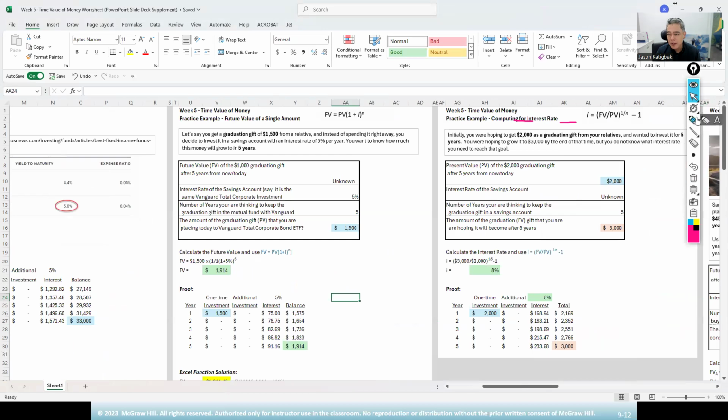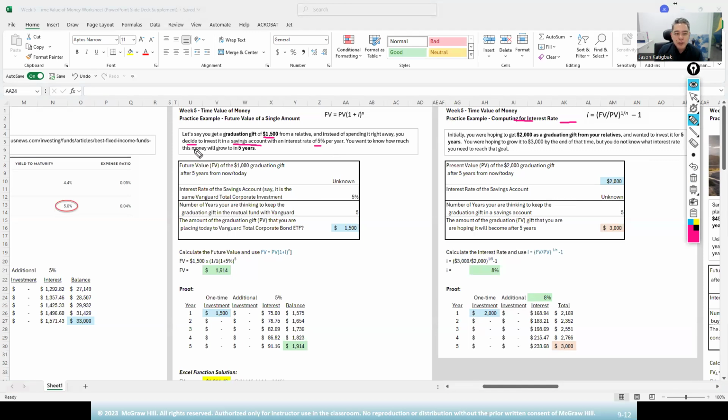So now, let's say you are getting a graduation gift of 1,500 from a relative. And instead of spending it right away, you decide you want to invest it in a savings account that would earn an interest of, say, 5% per year.